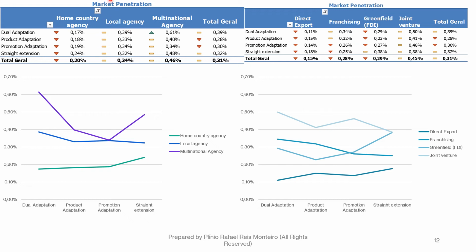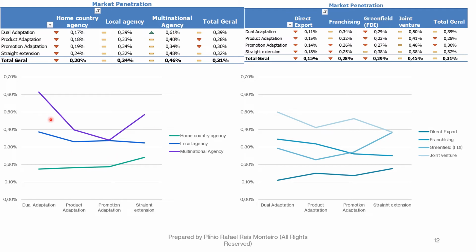Now we can see the market penetration and its relation to the type of adaptation and also the type of agency. So let's start with this analysis. The home country agency basically provides a really low level of market penetration in all methods, and the local agency achieved good performance in all methods, especially the dual adaptation, and the multinational agency provides the highest level of market penetration, especially with the dual adaptation.